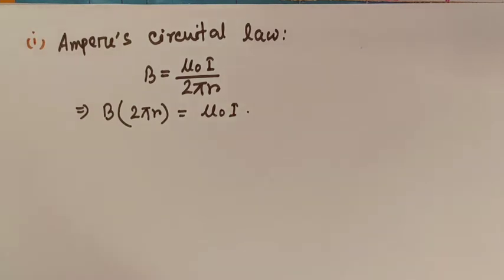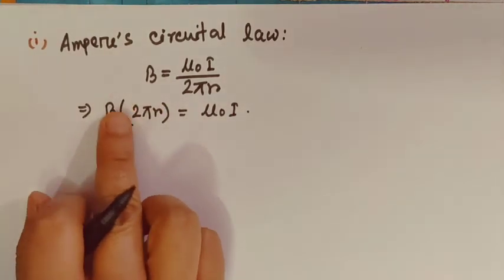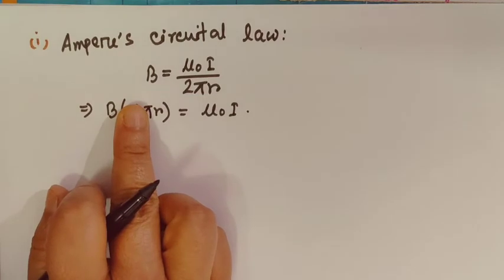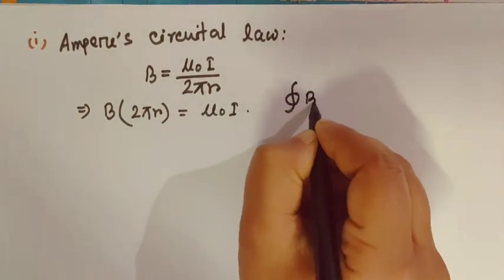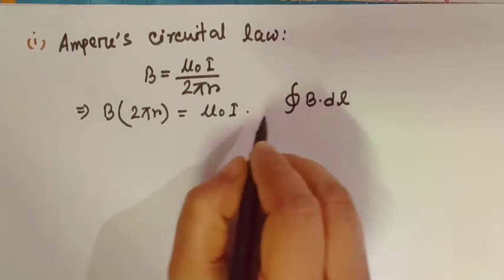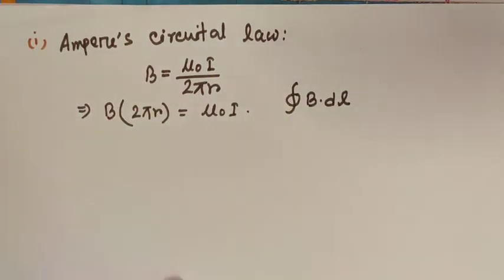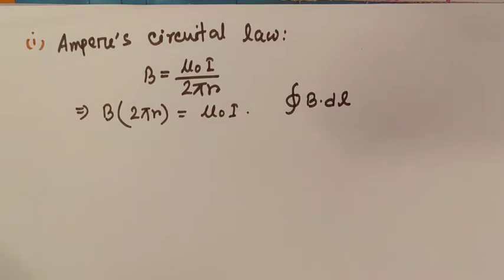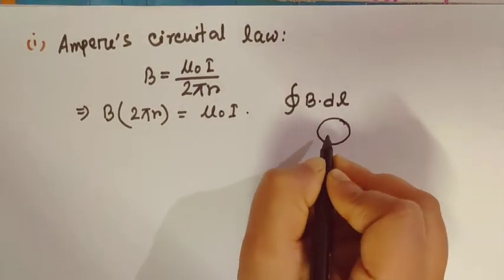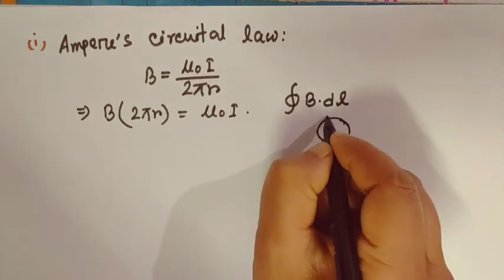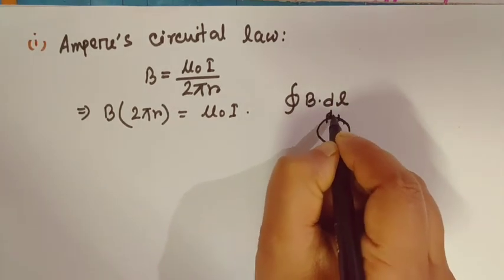So the left hand side of this equation is simply the line integral, closed integration of B dot dl. This is closed integration of B dot dl over a closed path. If we take one closed path, then closed integration B dot dl, and dl means small length element dl.